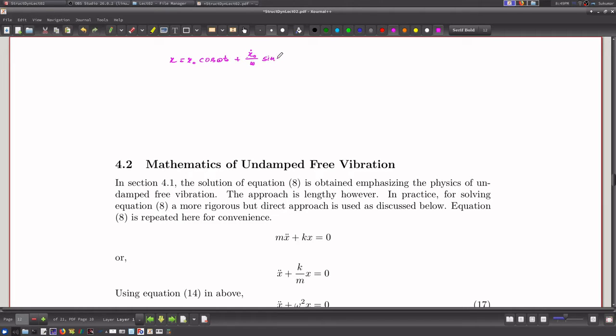Now I want to express it as a cosine term. Therefore what I will do is I will write x naught as, I'm sorry for my bad handwriting, x naught is r naught cos phi and x dot naught by omega is, say, r naught sin phi.